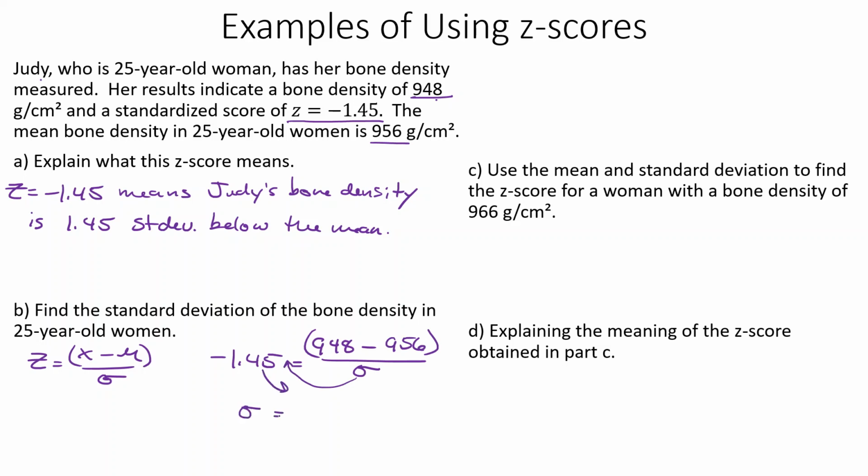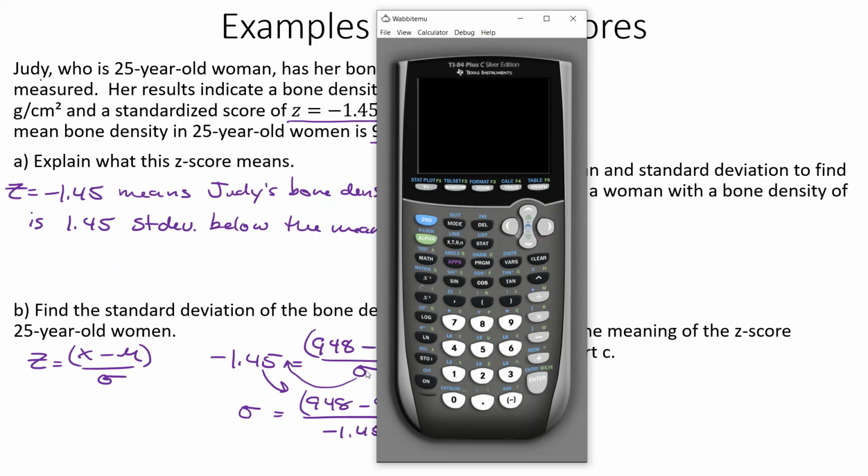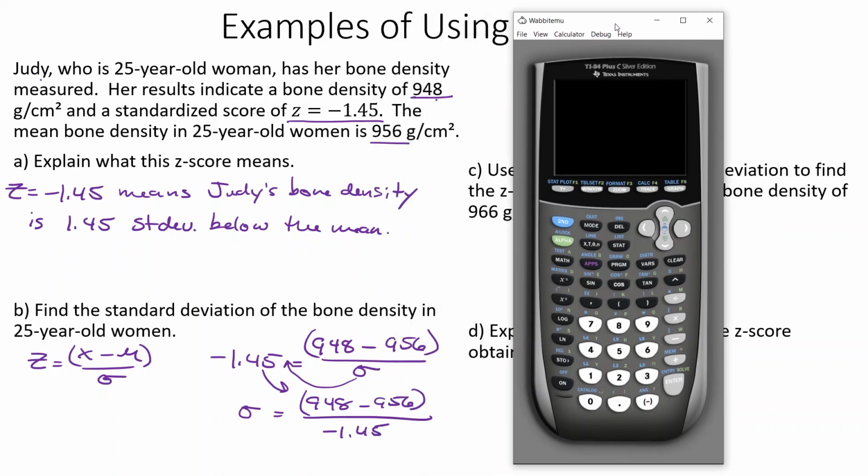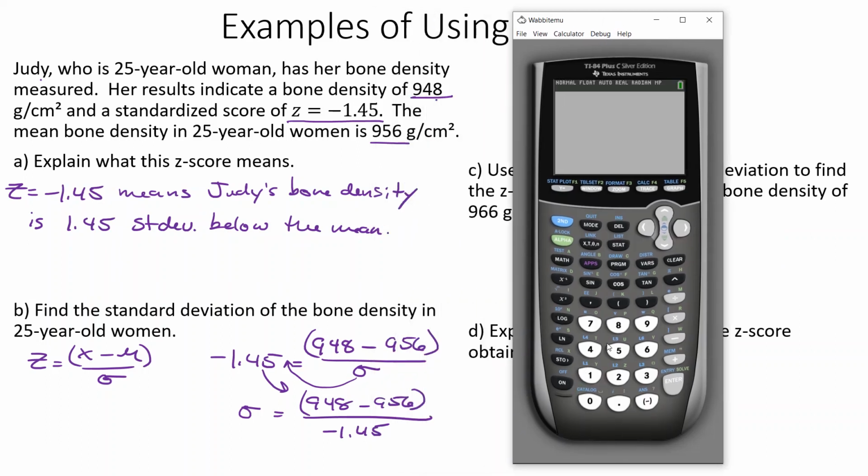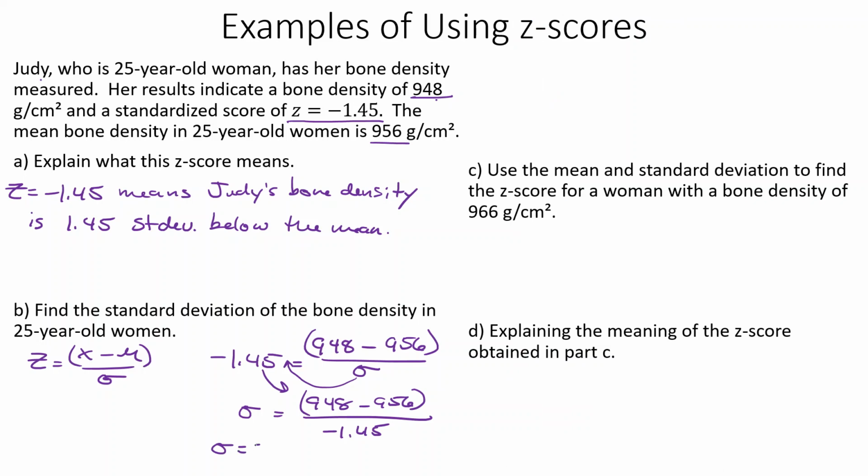So we get that the standard deviation is 948 minus 956 divided by negative 1.45. Right, this is a tougher question, I'll admit. It involves a little bit of algebra. I don't know how many of these type problems we'll have on assignments, but we still should be able to do it. So 948 minus 956 divided by negative 1.45 gives us 5.5. So we get that our standard deviation is about 5.5.